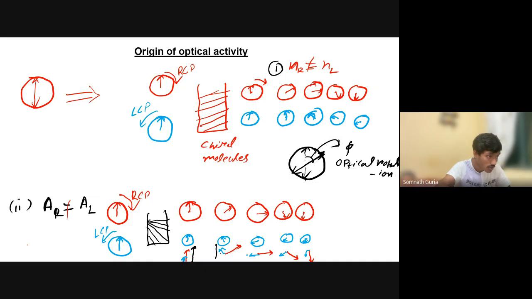Sorry, the direction will be different. This will be the resultant, and this will be the resultant. If we combine them together, we get an ellipse over here.